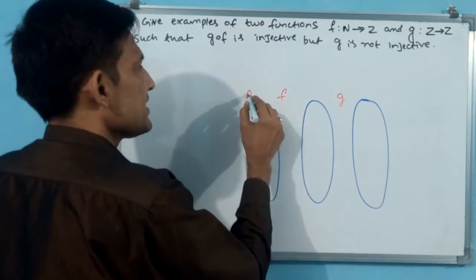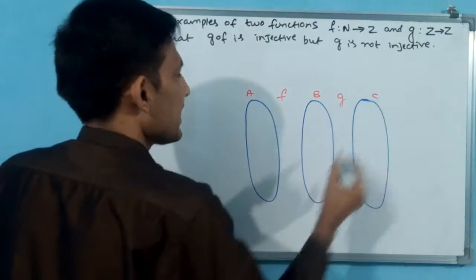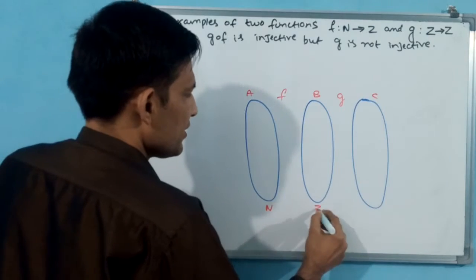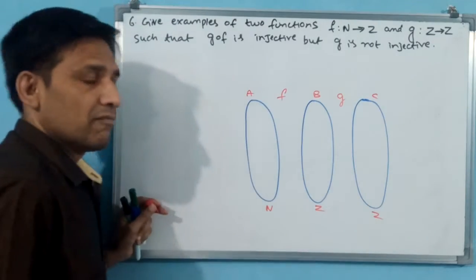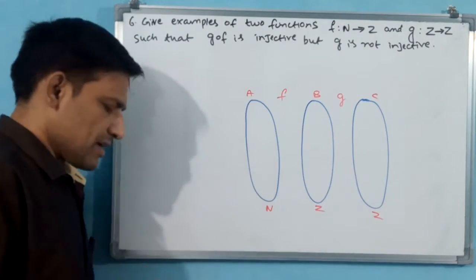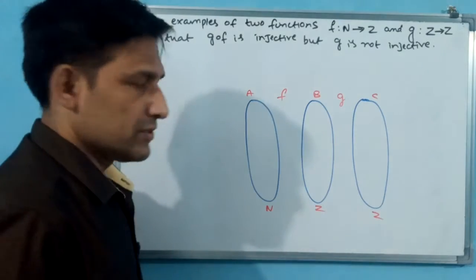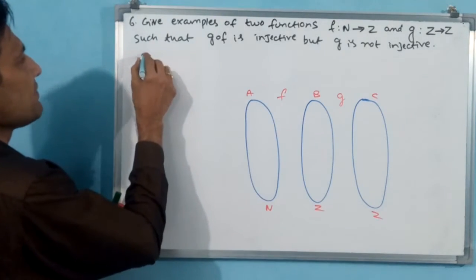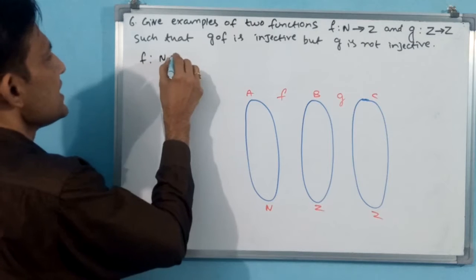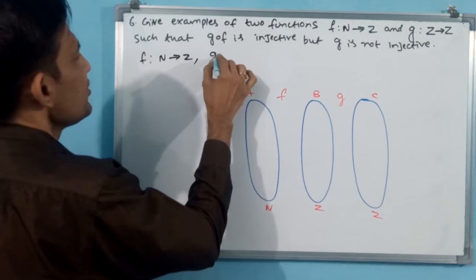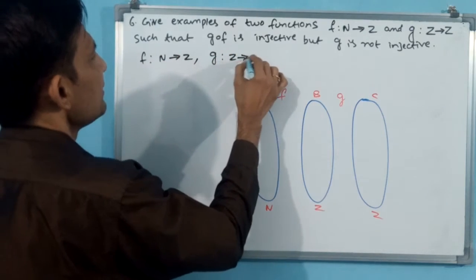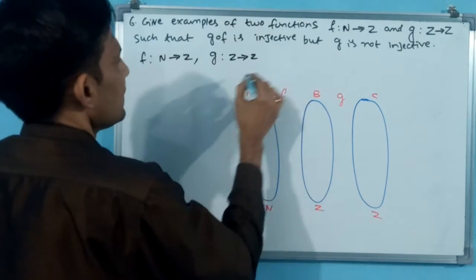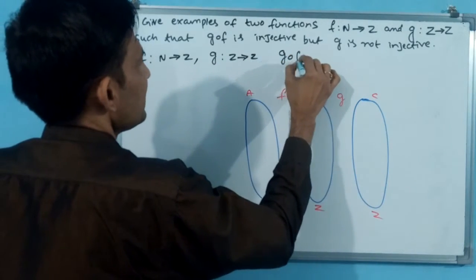Let us take A, B, C only, but here again you write natural number, integers like that. Why? Because see, the function is GOF. He has given f is from N to Z, g is from Z to Z. But what is GOF?